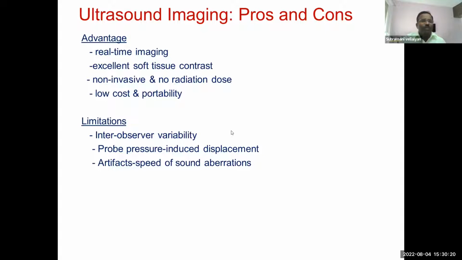It is real-time imaging, non-invasive, with no radiation, low-cost equipment, and portability. You can take this equipment to the bedside. However, we must also understand the limitations: inter-observer variability, probe pressure-induced displacement when you are pressing, and speed of sound aberration artifacts are possible. So these are all pros and cons.